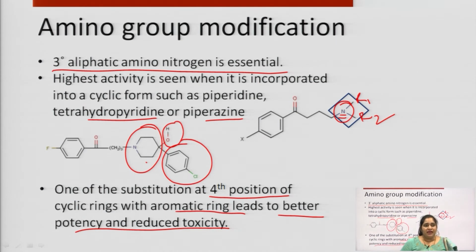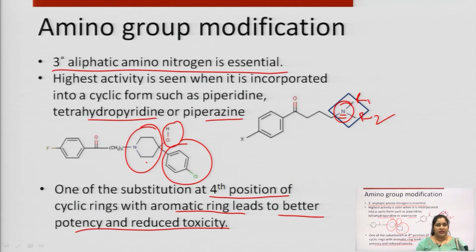Further, these drugs will have maximum activity, highest activity when these nitrogen atoms are further altered into a cyclic form such as piperidine, tetrahydropyridine and piperazine. By incorporation of these cyclic forms, highest potency is shown.